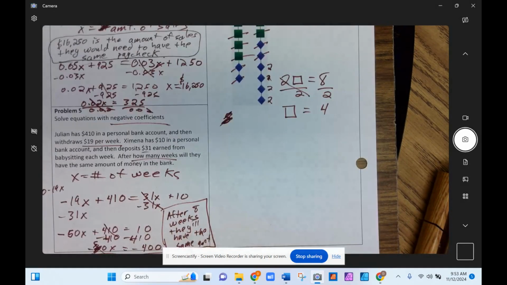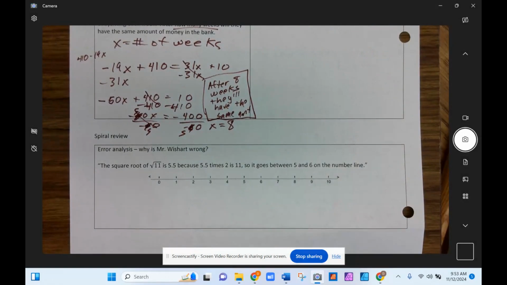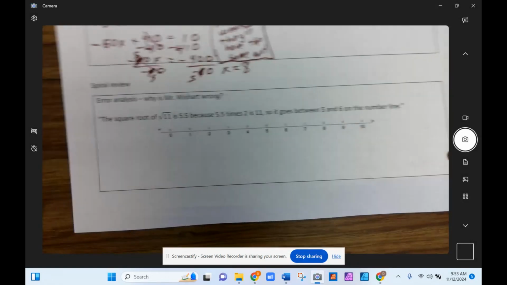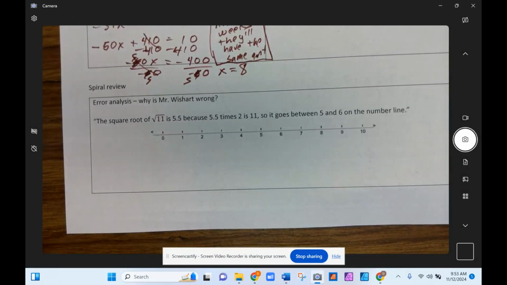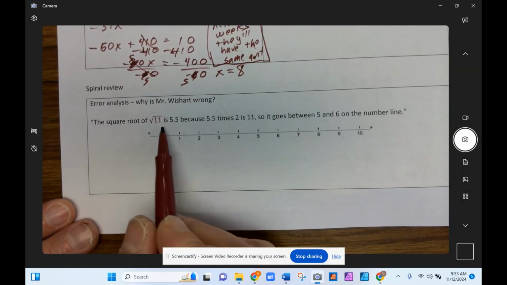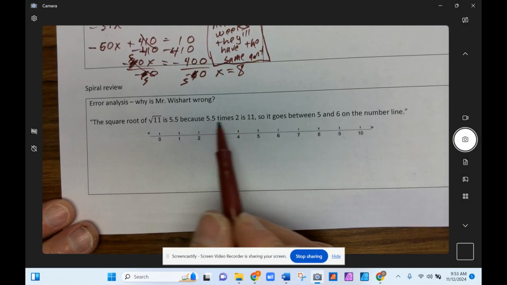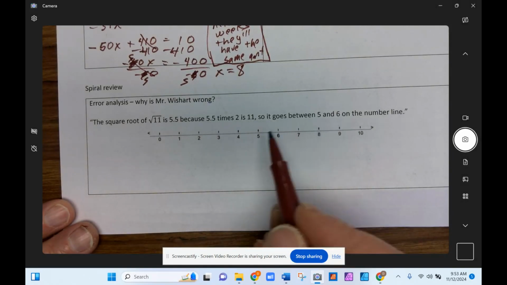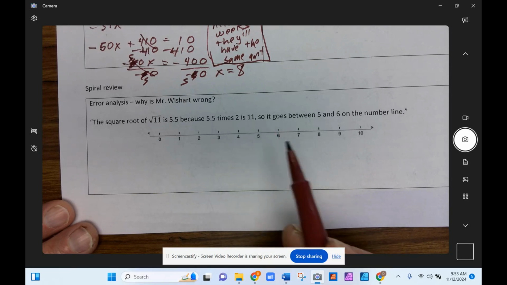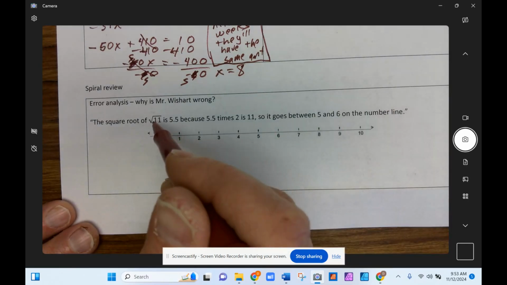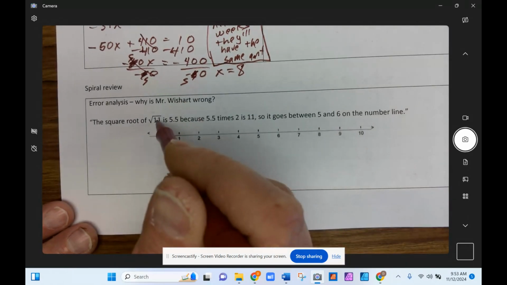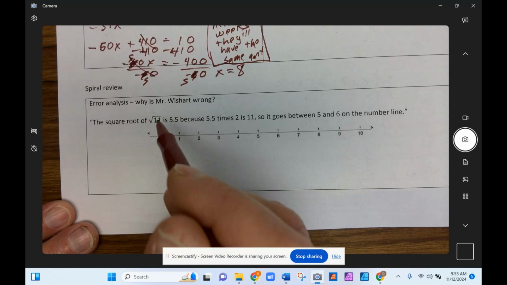Okay. And now, just because you're going to see a similar thing on the test right here. Got some analysis. I'm saying that the square root of 11 is 5.5 because 5.5 times 2 is 11. So it goes between 5 and 6 right here on the number line. However, we know that that's not how we do square roots. We don't divide them by 2. We figure out what number multiplied together gets us to 11.